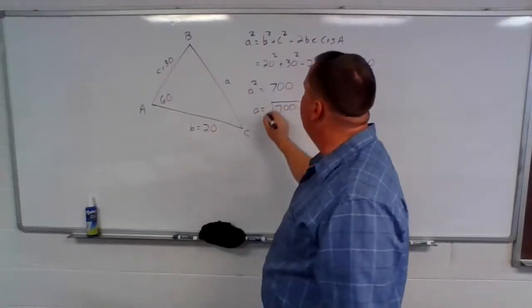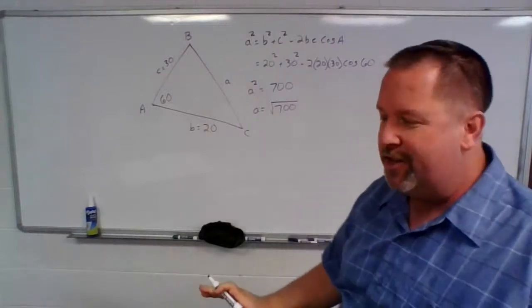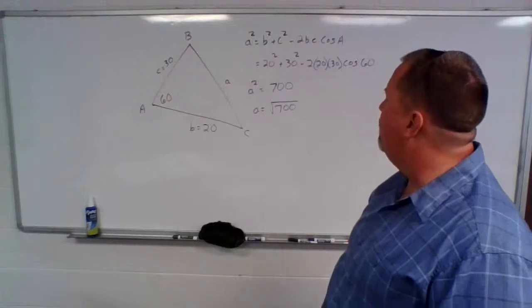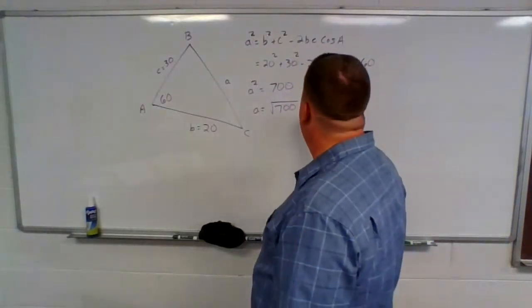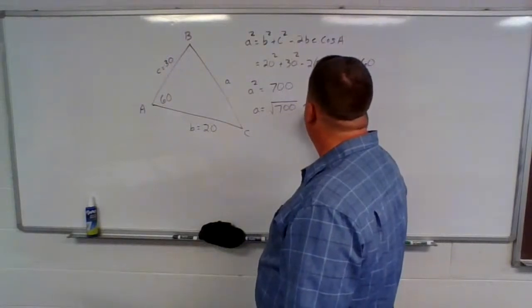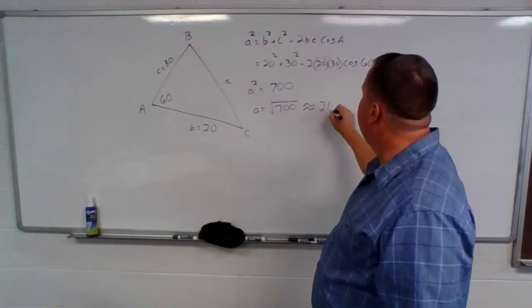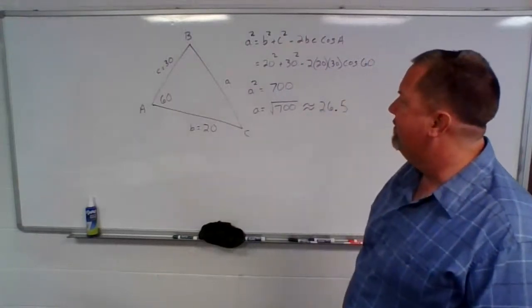So A is going to equal, we might say plus or minus the square root of 700, but when it comes to lengths, there's no negative lengths. So A is the square root of 700. And if you do that, you get approximately, remember these squiggly equal signs mean approximately, 26.5.